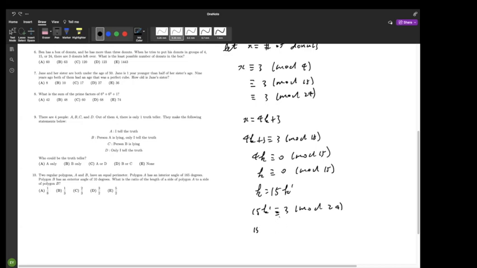Should I do this or not? I mean, we have enough time, right? I mean, it gets quite dirty from here. Yeah, then I'll go with the easy method. So 24 doesn't work, 48 doesn't work.